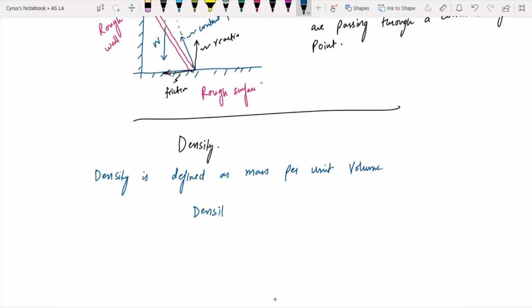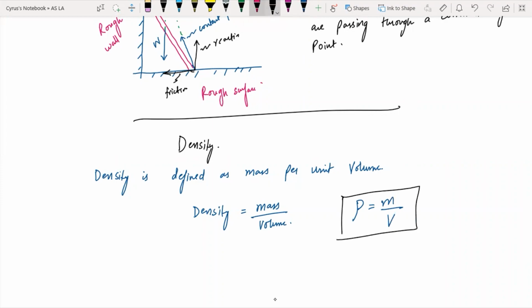Density, what is density? Density can be written as mass over volume. इसको हम symbols में लिखते हैं. Rho is equal to, rho is a density, this is m over v. We write it as symbols. The mass is measured in kilogram in SI units, the volume in meter cube.